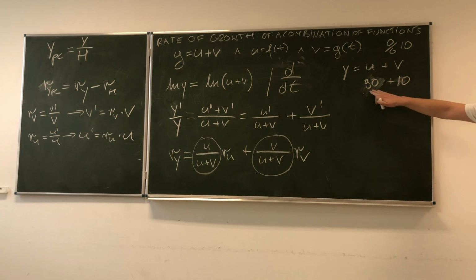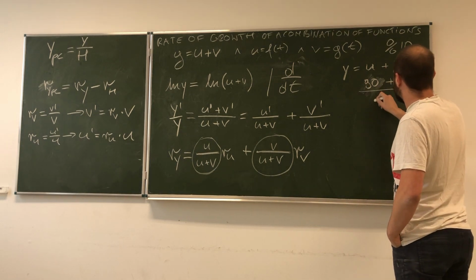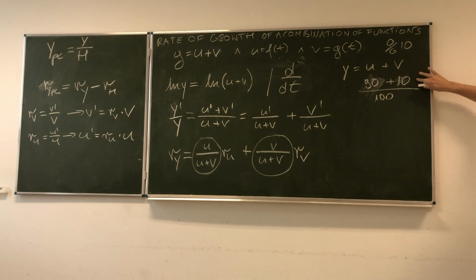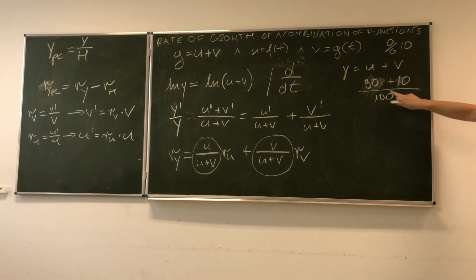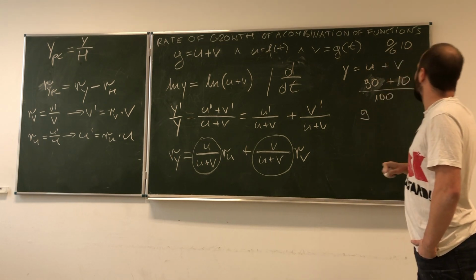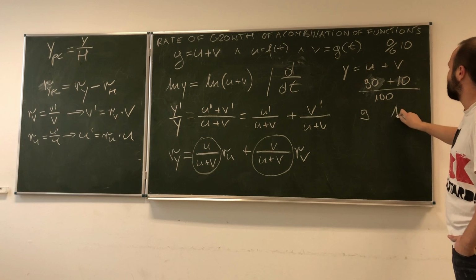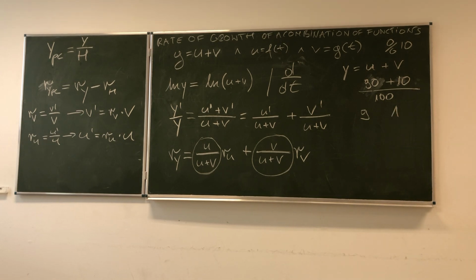Well, of course u, because the share of u in total is 90%, while v is just 10%. And 10% out of 90 is an additional 9 units. 10% out of 10 is an additional 1 unit. But in this case it didn't really matter because they had the same growth rate.